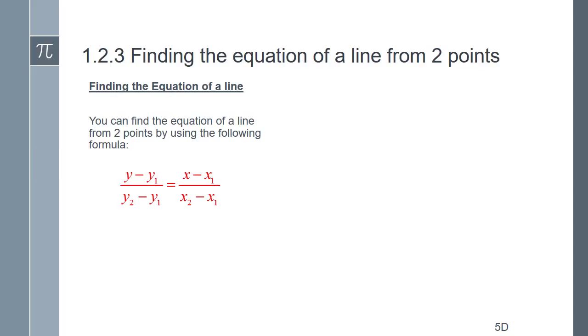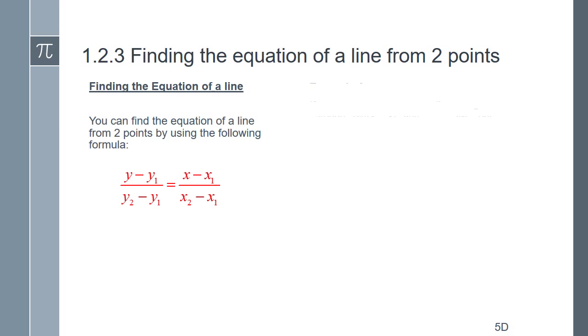We can get this formula from the 2 previous formulas. I will leave it to your own imagination and a piece of paper to work out how you get it, but if you know that m equals (y2 minus y1) over (x2 minus x1), and also that y minus y1 equals m(x minus x1), then you should be able to rearrange them to end up with this formula here.